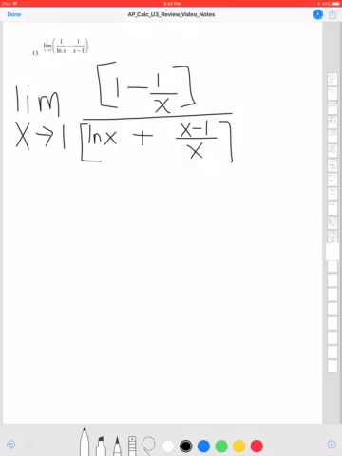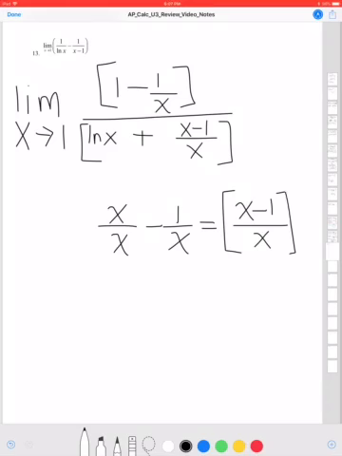Alright, let's simplify the numerator and denominator separately real quick. Alright, so I'm going to do the numerator. Need like denominators. Alright, that's going to give me x minus 1 over x. Alright, so that's what I've got on top. Oops.